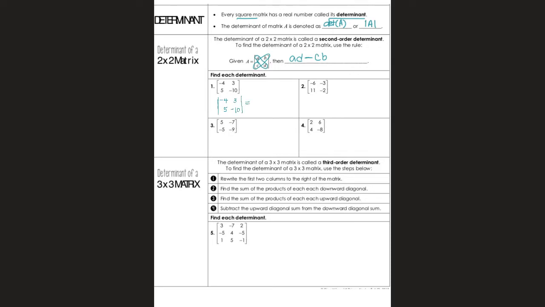And then you're going to go through and do your downs minus your ups. In other words, we're going to take this diagonal downward, and we're going to say -4 times -10. That's going to give us 40, minus, and then up, which is 15. And so 40 minus 15, that's going to give us 25.